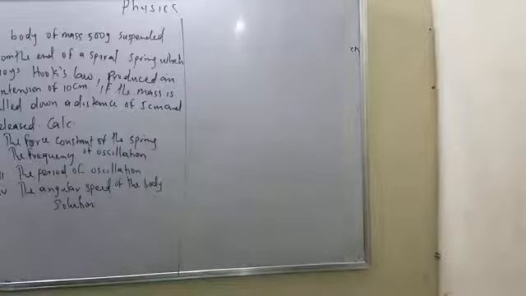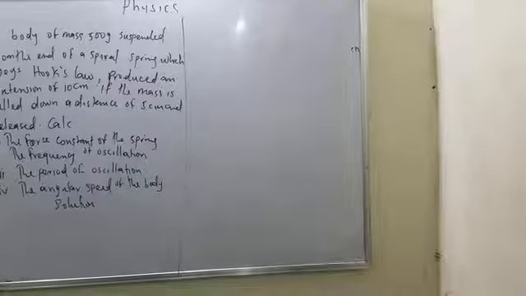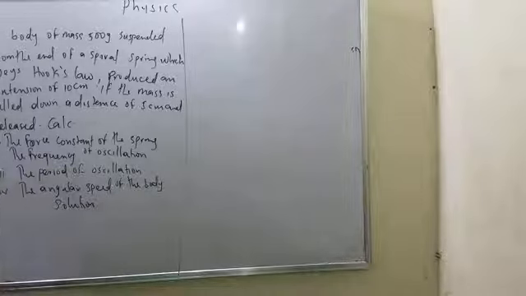When I have this type of question, the first thing I will ask myself is, what are the things available for me to play around with? The first thing, I have my mass. The second thing, we are talking about Hooke's law.